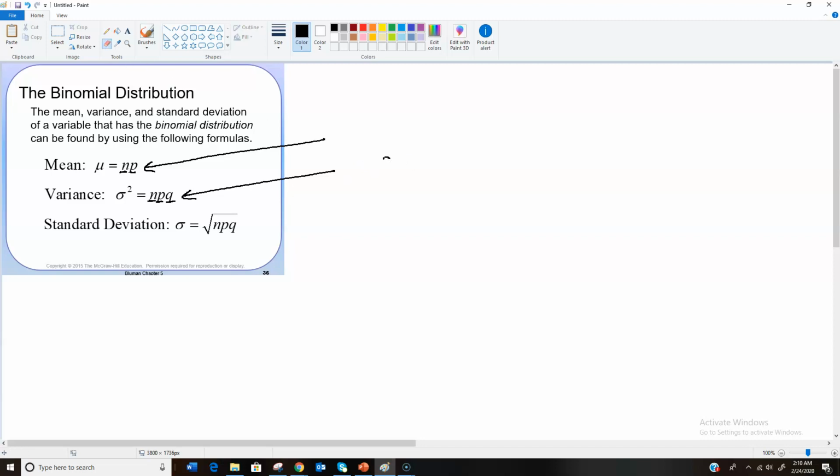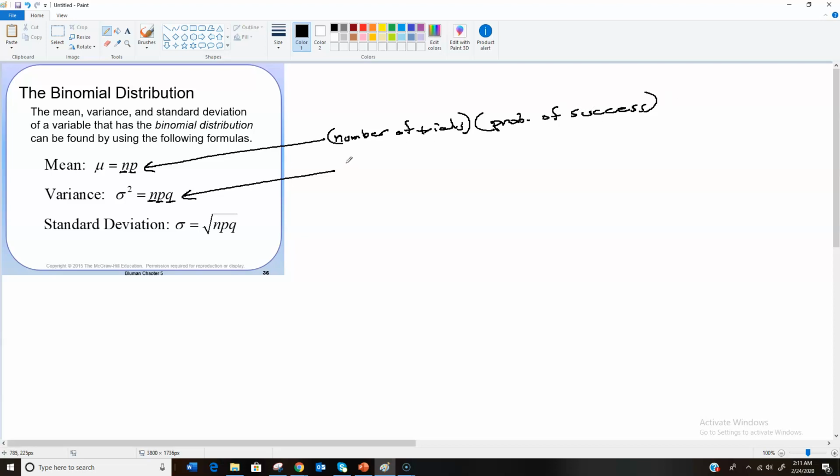Let me write this down. So n is the number of trials, and then you're going to take that times the probability of success on each trial.